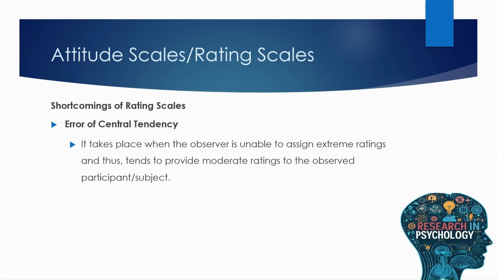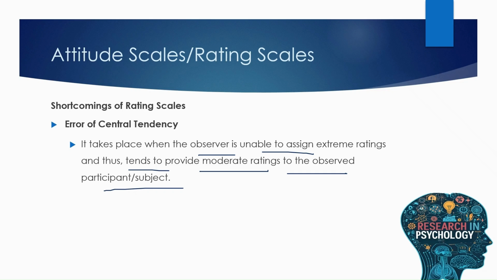All right. Next we have error of central tendency. This takes place when the observer is unable to assign extreme ratings and so tends to provide moderate ratings to the observed participant or subject. This means nobody is ever going to choose yes or no. They'll be choosing something like maybe or I don't know.